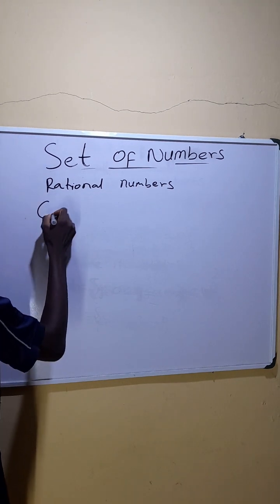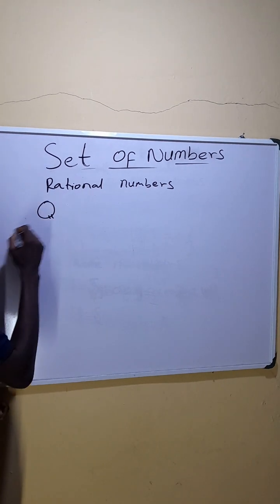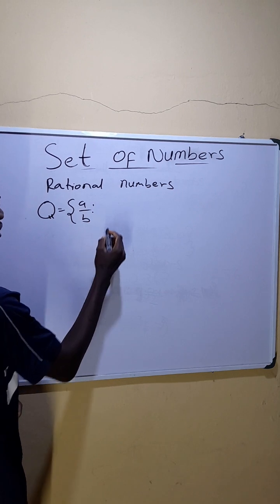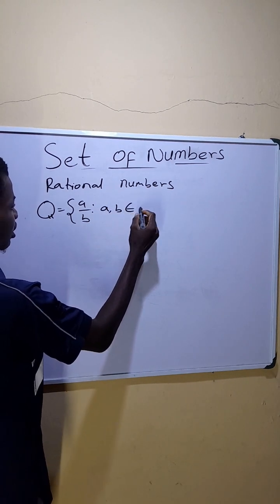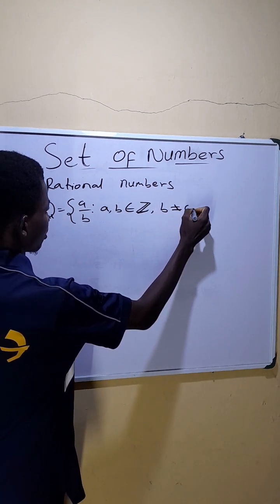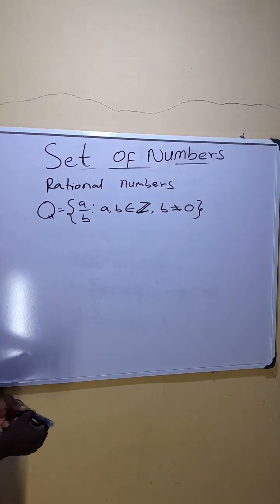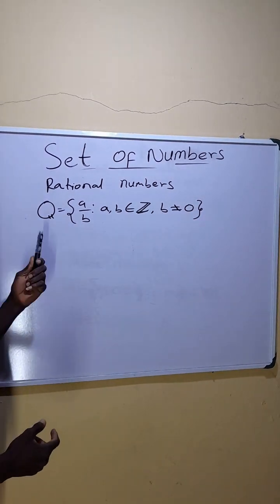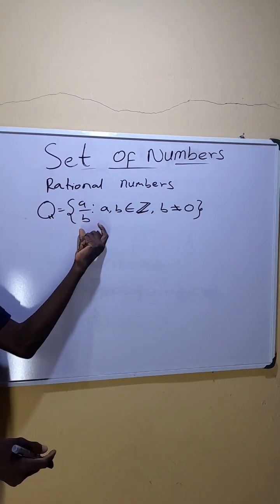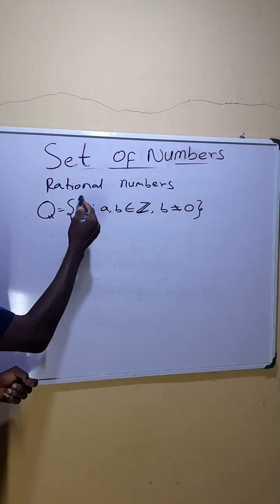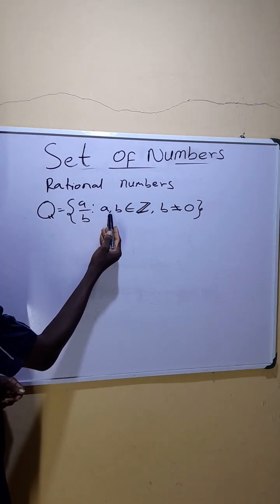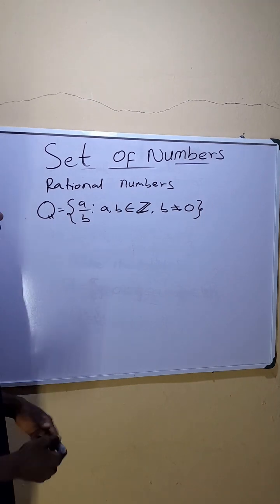This rational numbers is denoted as Q. So we can say that rational number is a set of fractions A over B such that A and B come from integer and B must not be equal to 0. B must not be equal to 0 for this to be a fraction. If B is equal to 0, here will not be a fraction. Here will be undefined. A and B must come from integer, and we know what integer is.